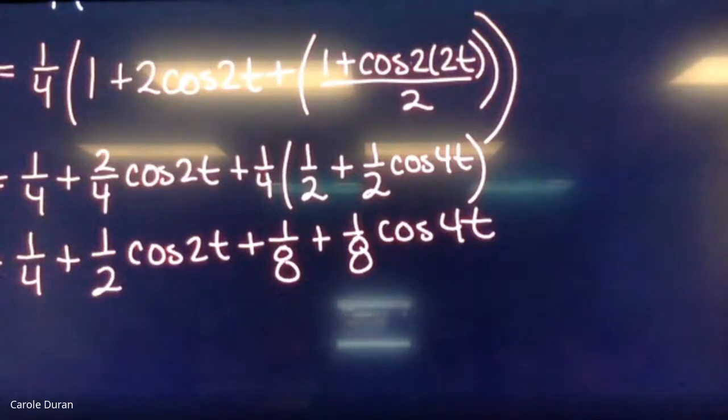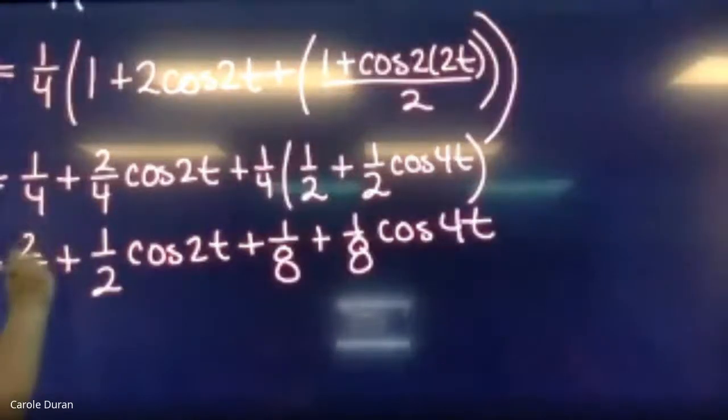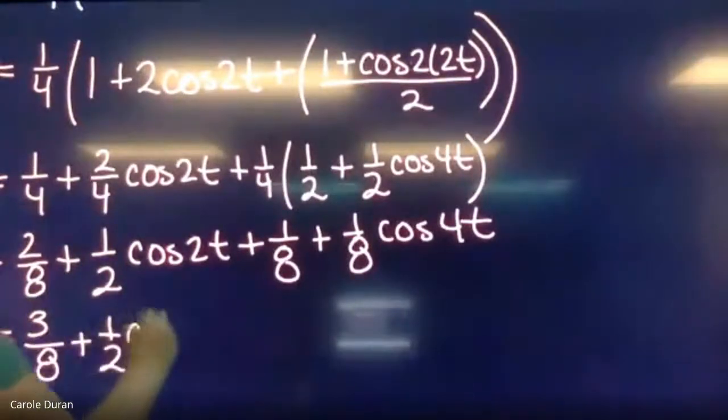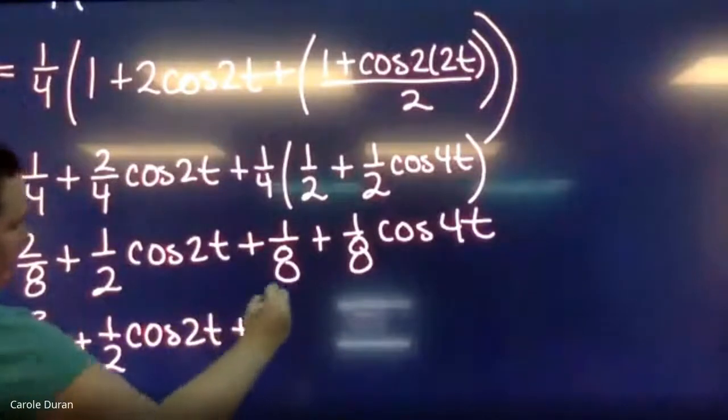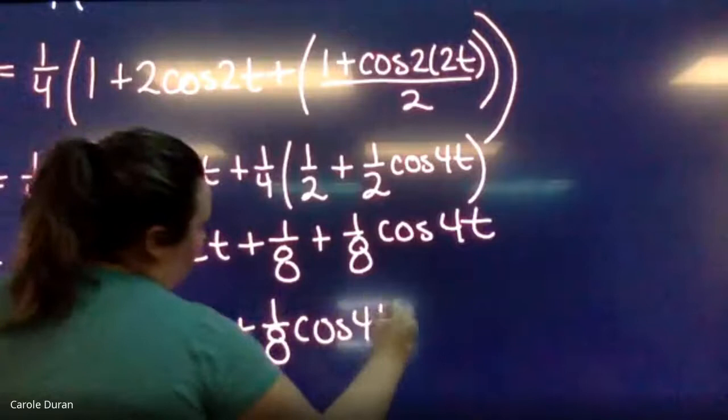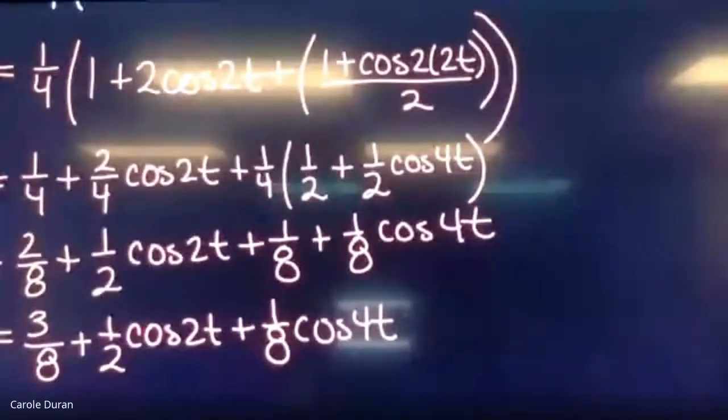I have to change 1/4 to a denominator 8, so I need to multiply it by 2/2. So this becomes 2/8, and then I add the 1 to it, and I get 3/8 plus 1/2 cosine 2t plus 1/8 cosine 4t. And then I'm finished.